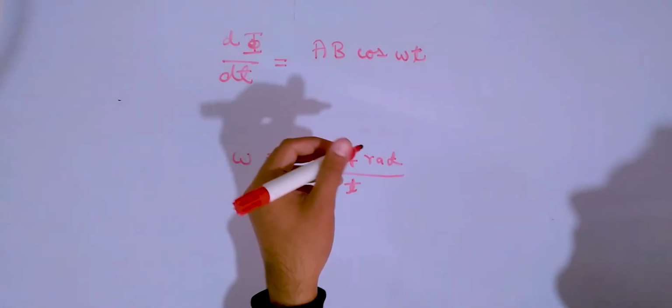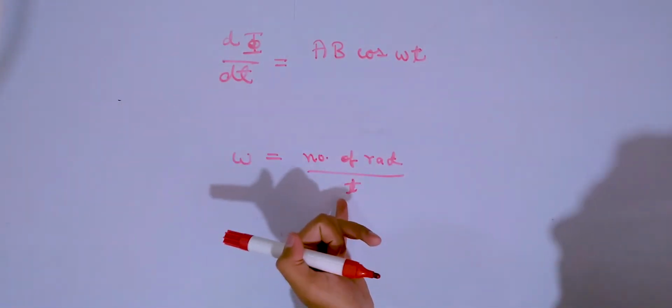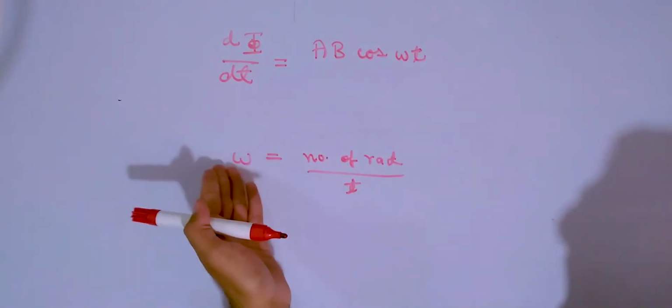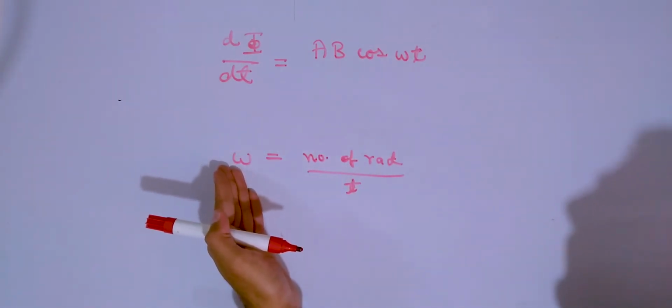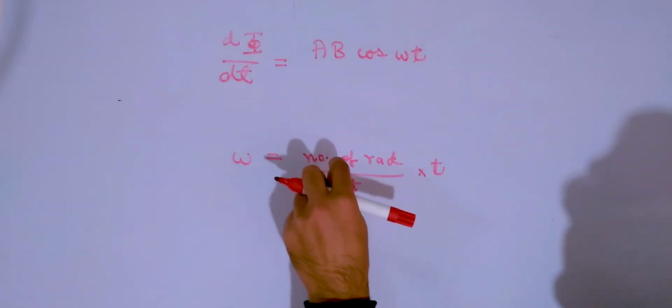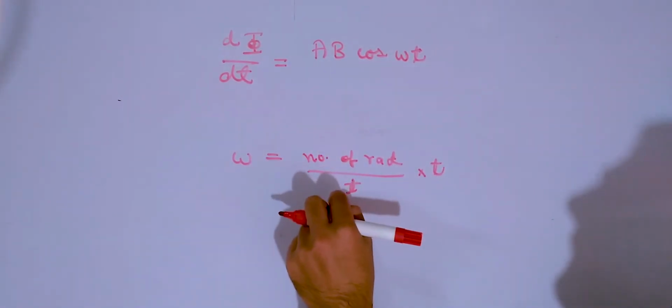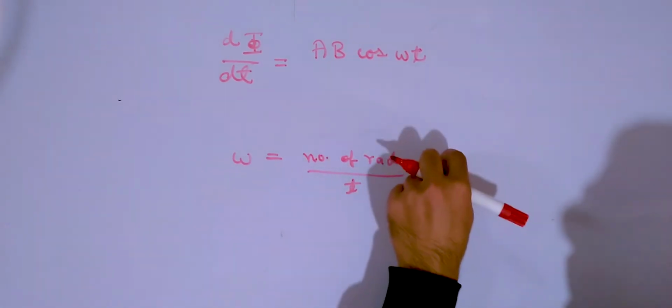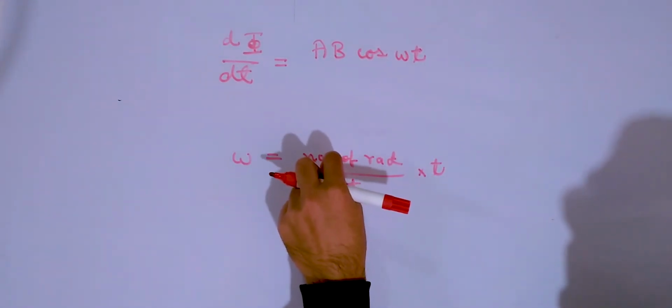So let's say it covers 5 radians in 2 seconds. So 5 by 2, that is its angular frequency. And if you multiply that by the time, which is 2, the 2 and the 2 cancel, and you're left with 5 radians.